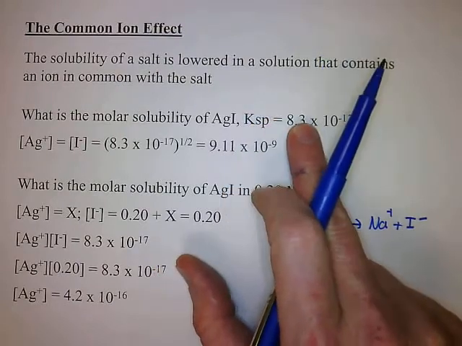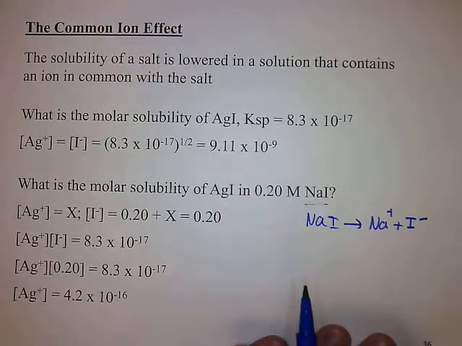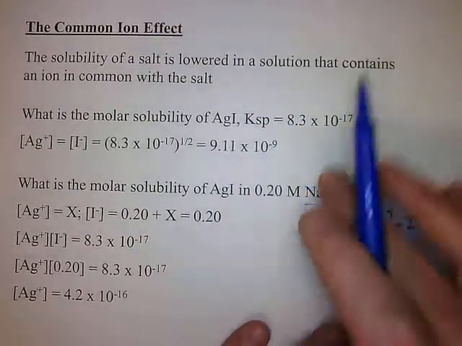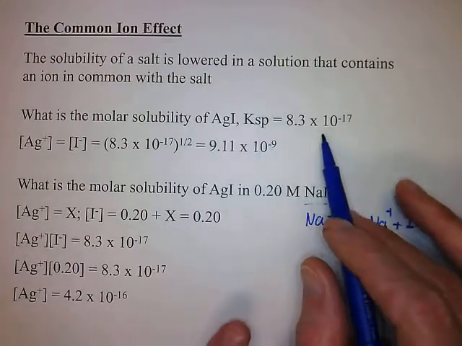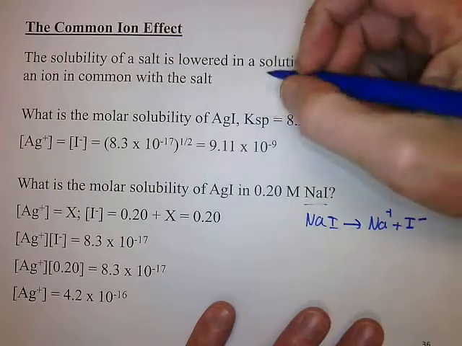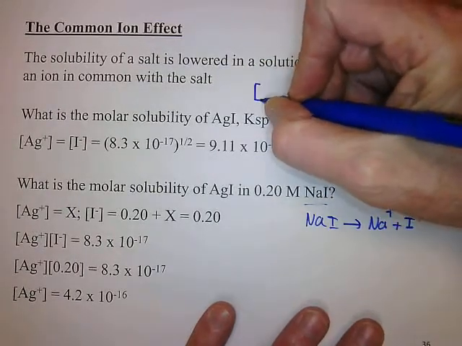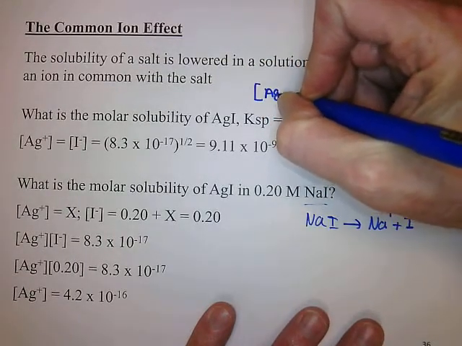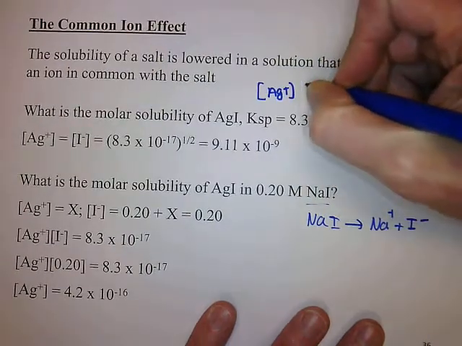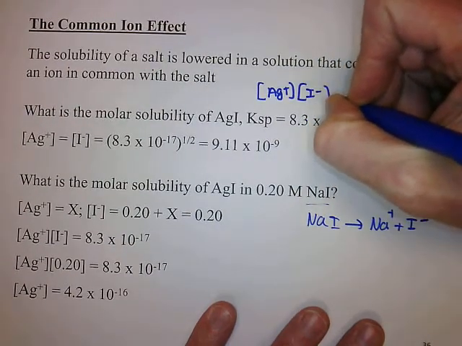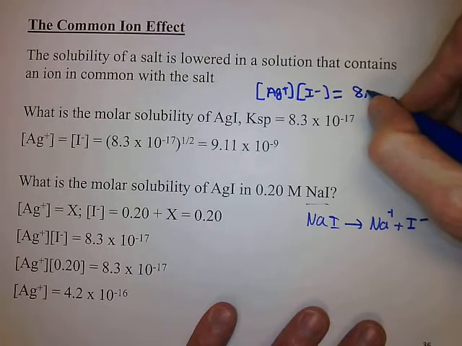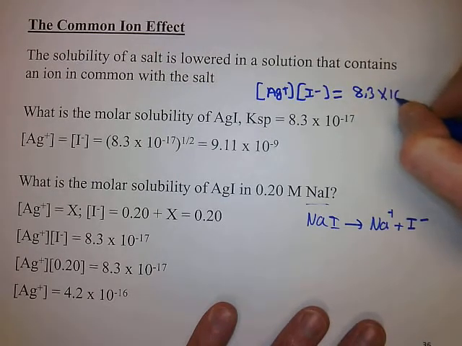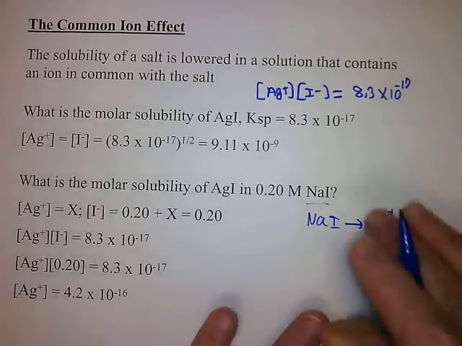But that KSP is the product of the ions. In other words, when we say that the KSP is 8.3 times 10 to the minus 17, what we're saying is that in a saturated solution, the product of those ions is going to be equal to 8.3 times 10 to the minus 17.